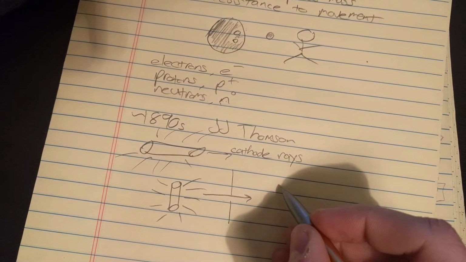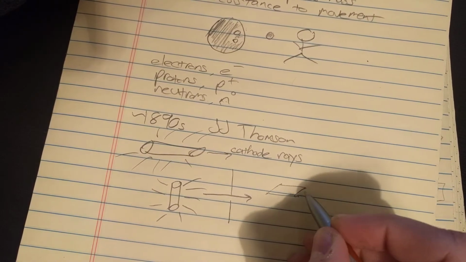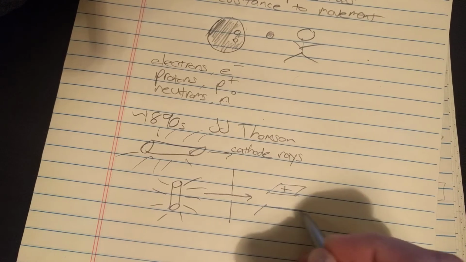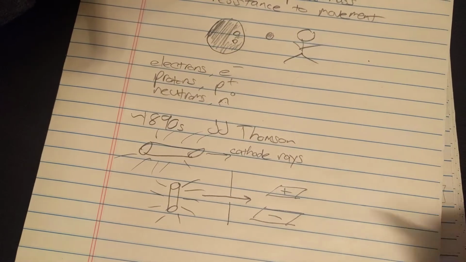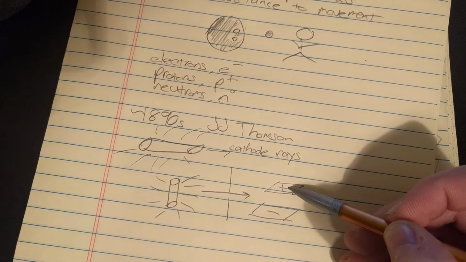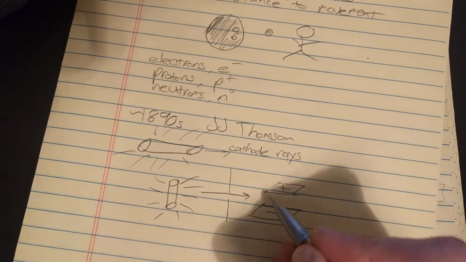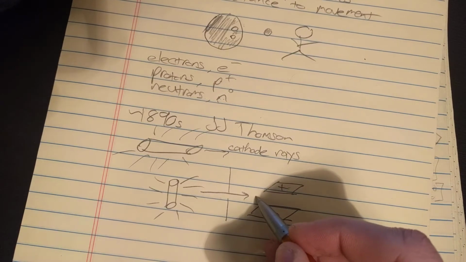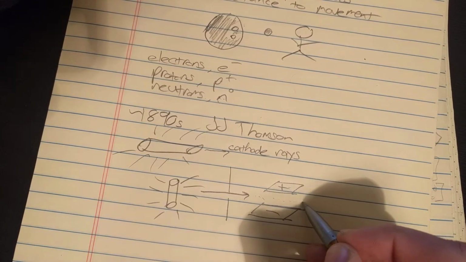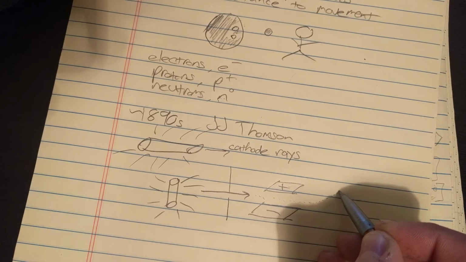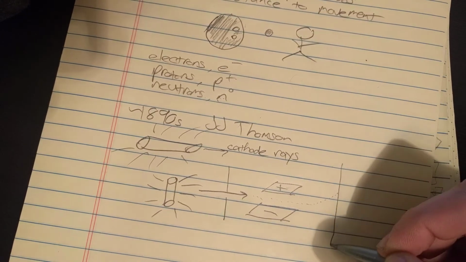He took those cathode rays and put them through an electric field, right? He put a bunch of positive charge on a metal plate up here, a bunch of negative charge on a metal plate down here, and those cathode rays were deflected ever so slightly up towards the positive plate.